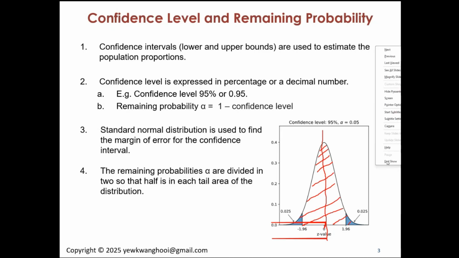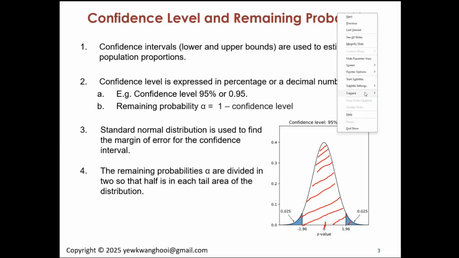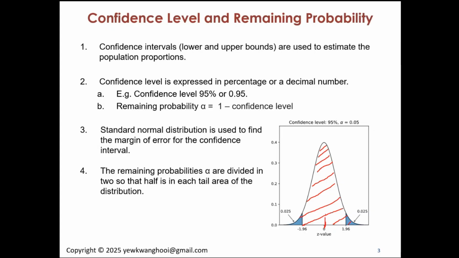So the probability to the left is half of 1.0, which is 0.5. The probability to the right is another 0.5.